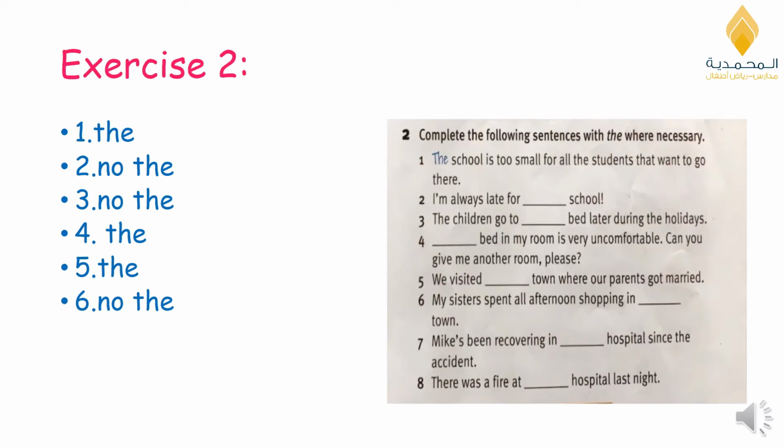Here I should not use an article. Why? Because I'm talking about the activity. The last one, "There was a fire at the hospital last night." Here I'm mentioning the building, or the place, so I have to use the. But on number 7, I'm talking about the action that happens in the hospital, so I should not use the. Okay? Clear?